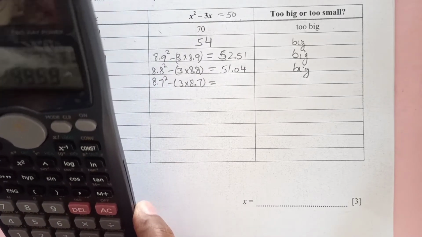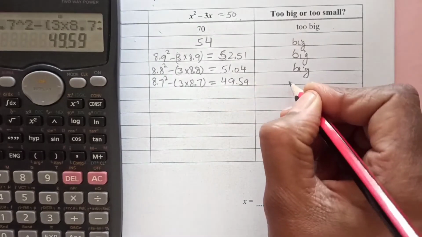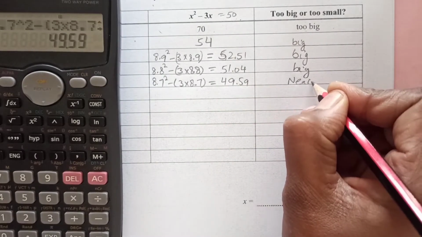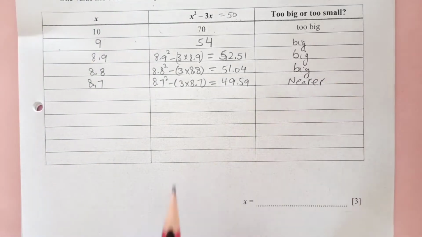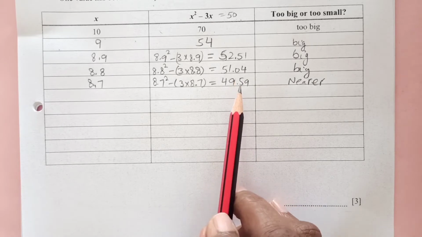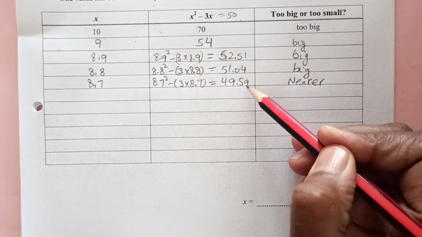This is 49.59. This is nearer. Actually, we need to know exactly which one is nearer. This is closer to 50, right?